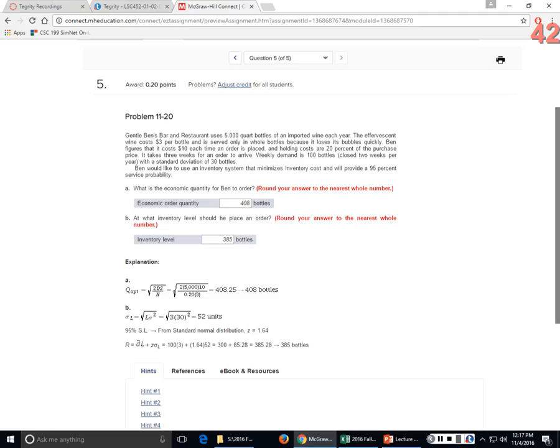Do that on your calculator for me. 900 times 3 is 2,700, and the square root of that is 51.96. Then what's 1.64 times 51.96? 97.7?